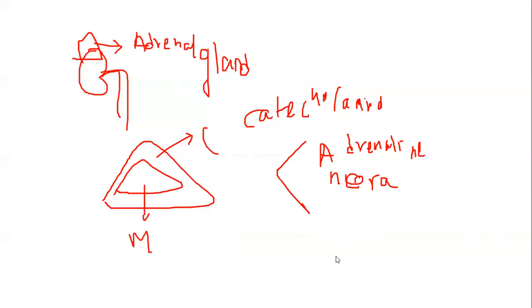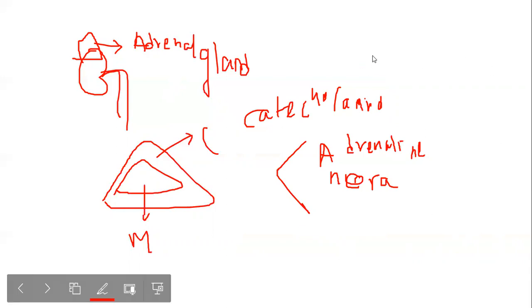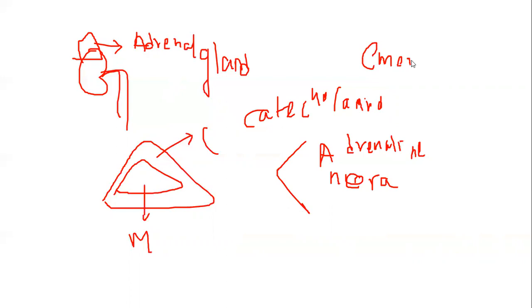And this adrenaline and noradrenaline are rapidly secreted whenever there is any kind of emergency. Like you see a snake, you don't just sit there, you run, right? That is because of adrenaline and noradrenaline, because they are secreted in response to stress. So that's why they are called emergency hormones, or hormones of fight or flight.